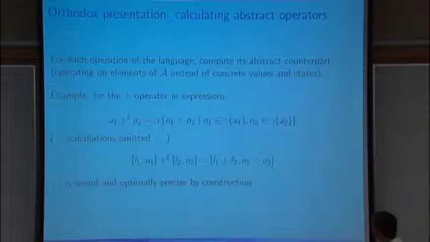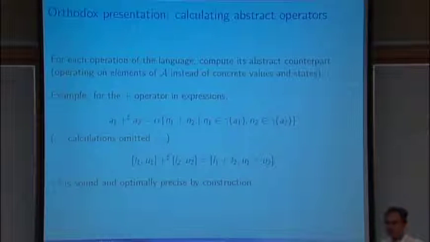It is the abstraction of the set of n1 plus n2, where n1 is in the concretization of this abstraction and n2 is in the concretization of that abstraction. Okay, so that's the canonical definition, and from there now you can calculate. You plug in the concrete definitions of alpha and gamma, and you rewrite, and you rewrite, and you rewrite.